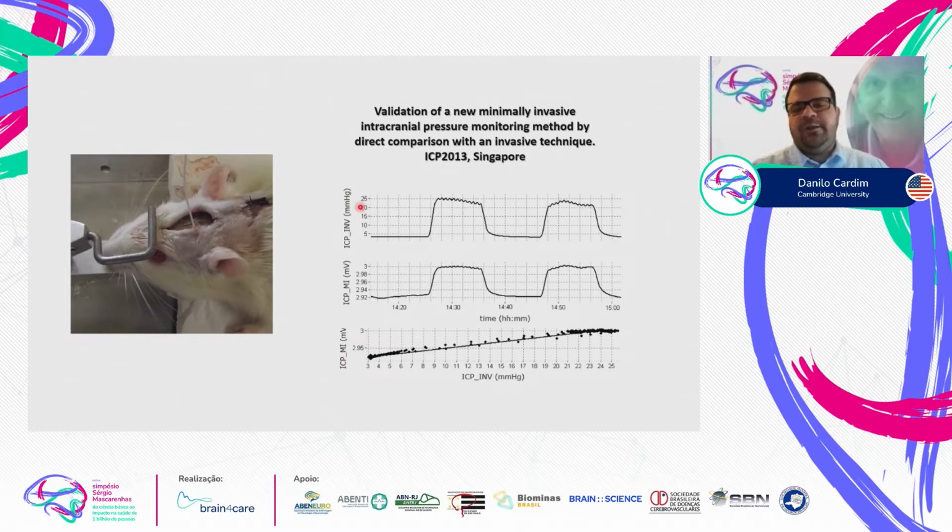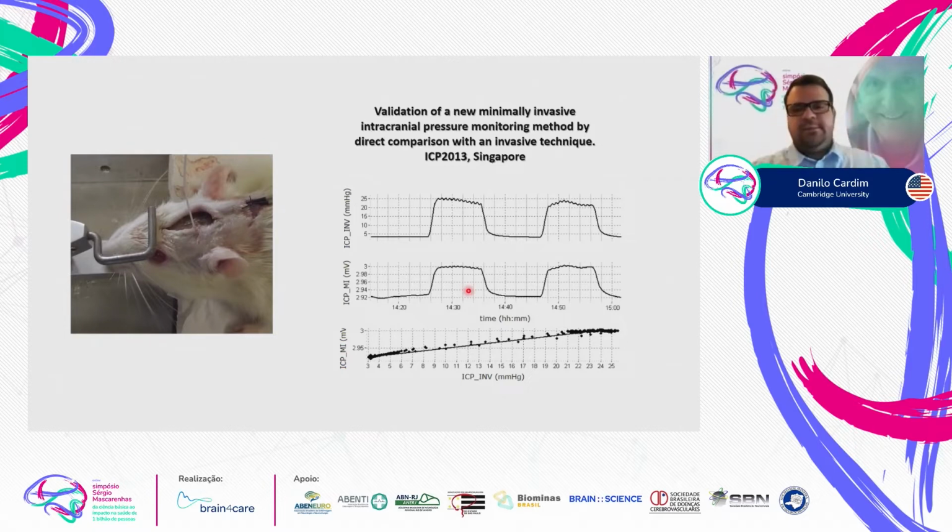Here, for example, is one of the seminal works that Professor Mascarenhas developed back in the day, which compared intracranial pressure measured invasively with that measured minimally invasively with this strain gauge sensor glued to the skull. We performed a series of saline infusions into the subarachnoid space in these rats so as to cause sudden and sustained increases in intracranial pressure over time.